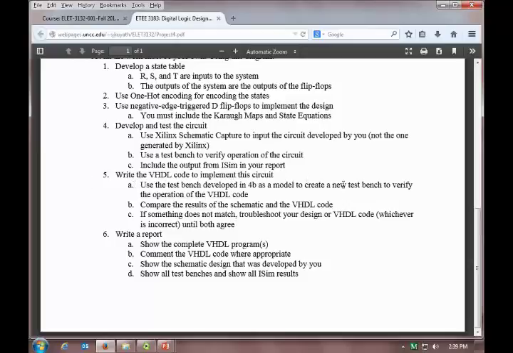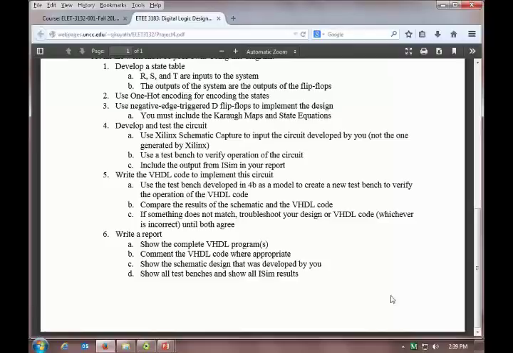Write the VHDL code then. Okay. Use the same test bench, so I should see them match. If they don't, then you need to troubleshoot and find out where you've got something wrong and then figure it out. Write a report, but like I said, mainly show all these pictures I'm asking for.